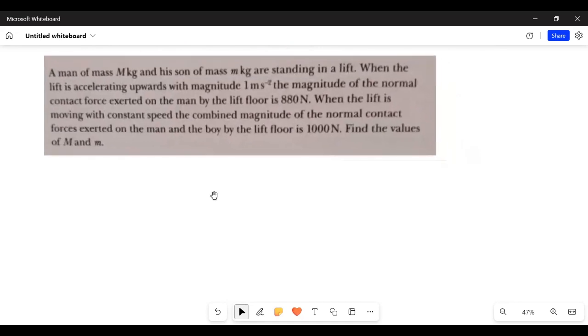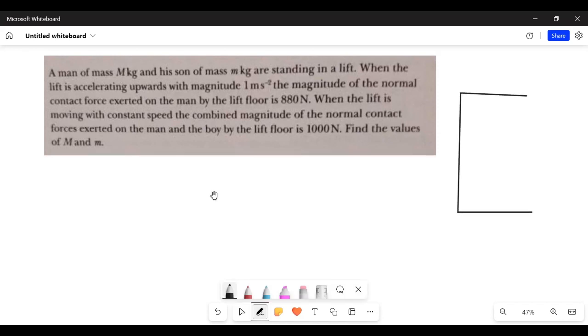A man of mass capital M kgs and his son of mass small m kgs are standing in a lift. So a man and a child, they're both standing in a lift. The mass of the man is M kgs.